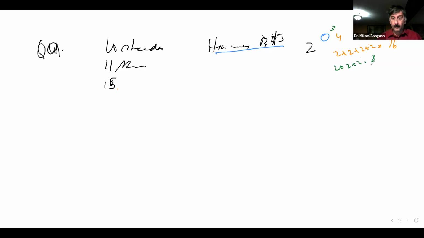This number is less than all of these, whereas 16 is greater than all of these. So to get this many shades we needed at least 4 bits, because 3 bits was too low.